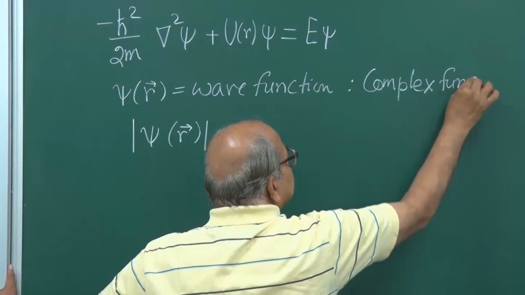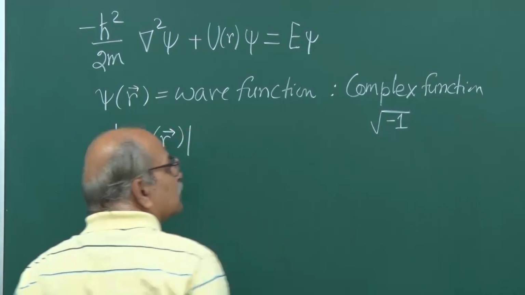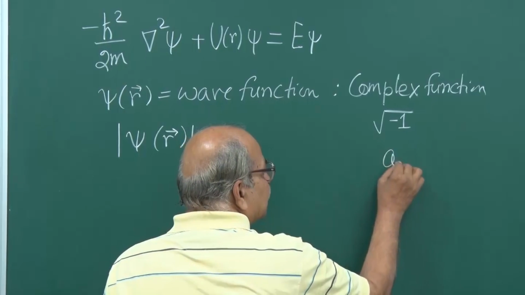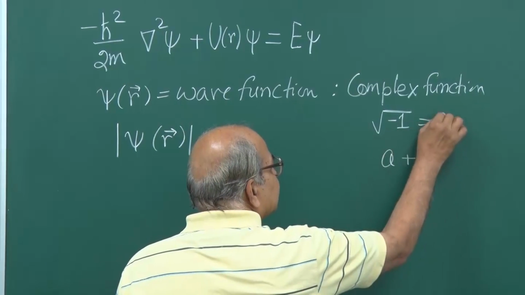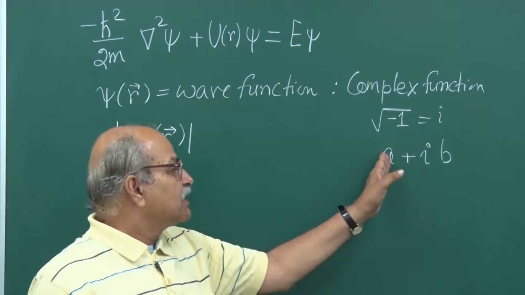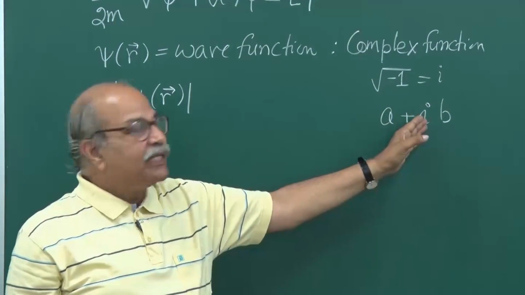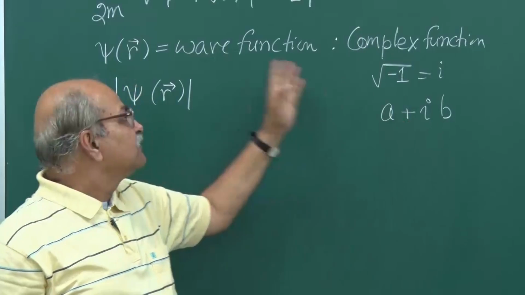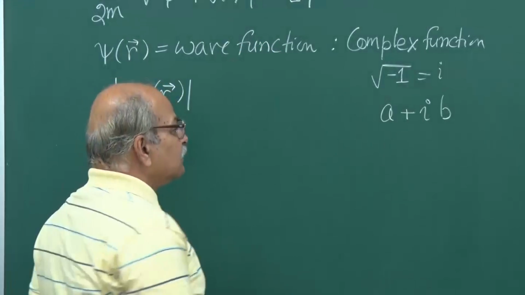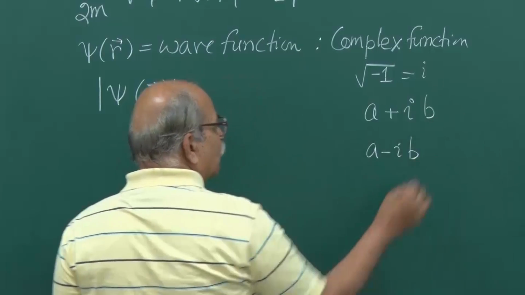If it is a complex function involving the square root of minus 1, remember complex numbers, numbers like some real number A plus iB, where i is the square root of minus 1, these kinds of numbers are known as complex numbers. So this function can have this i in it, and then you write the complex conjugate, A minus iB. This is called the complex conjugate.